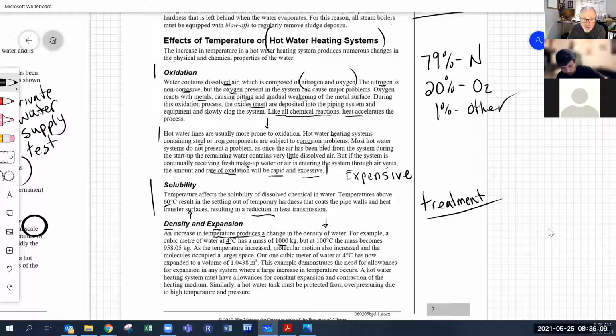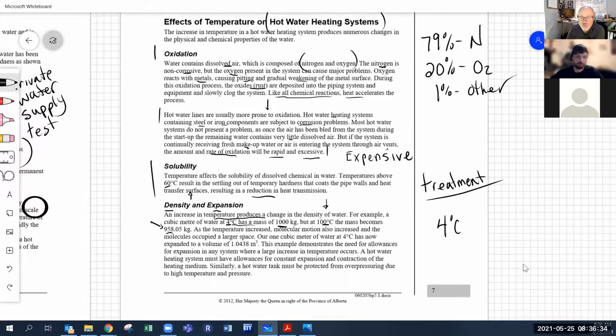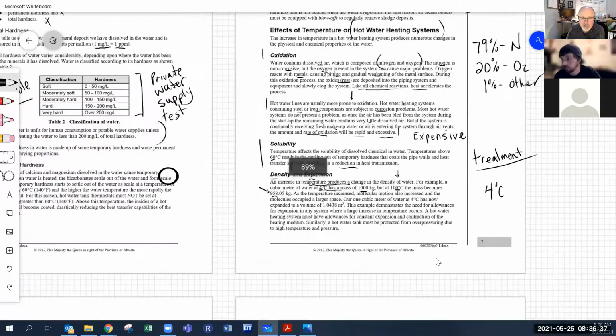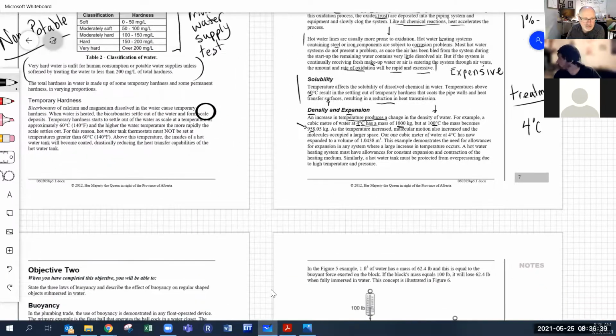So that is where water is most dense, right? Remember, water is most dense at 4 degrees C. But at 100 degrees C, the mass becomes less. Look at that. Same 1,000 kilograms of water becomes a little less because the molecular motion is increased. Okay, no big deal. We know this, but that's where things kind of go awry because you get different pressure changes, etc.